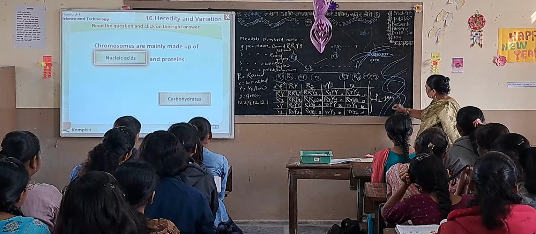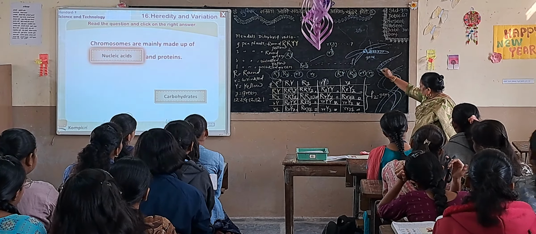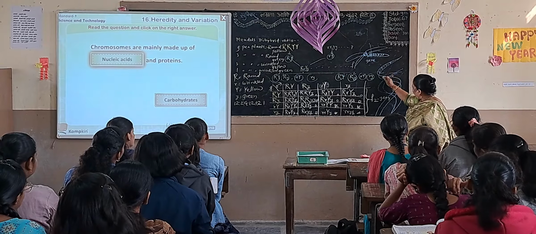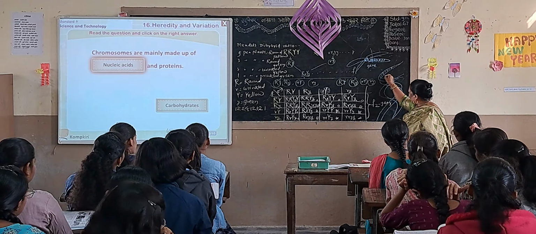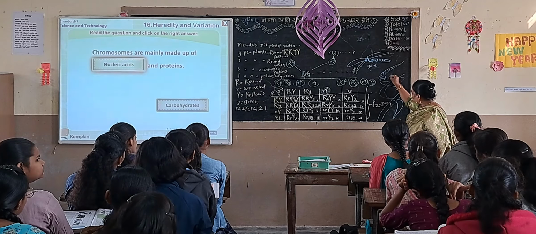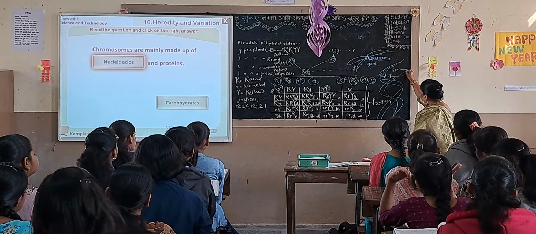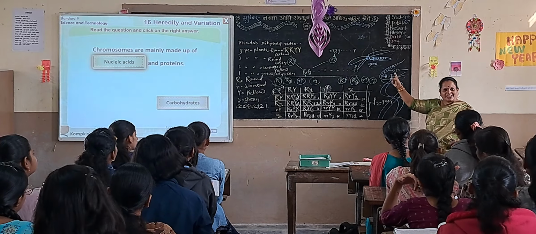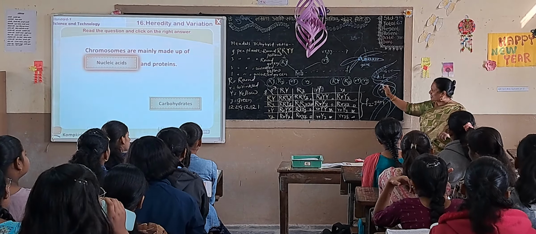That DNA consists of sugar-phosphate strands, and in the middle weak hydrogen bonds connect the nitrogen bases: adenine always pairs with thymine, guanine always pairs with cytosine. Between guanine and cytosine, 3 weak hydrogen bonds are there. Between adenine and thymine, 2 weak hydrogen bonds are there.